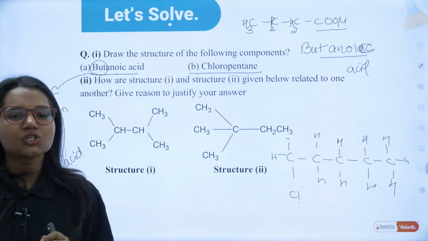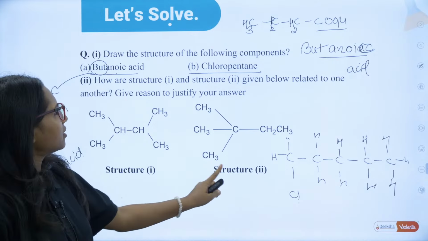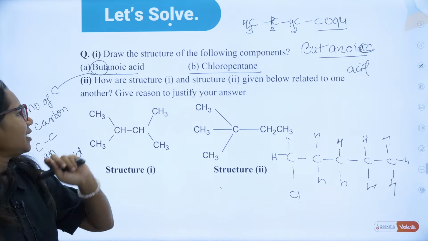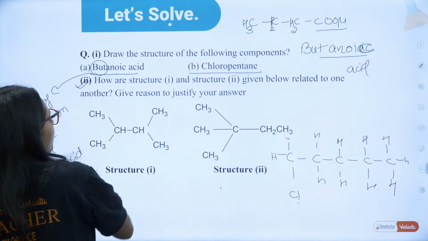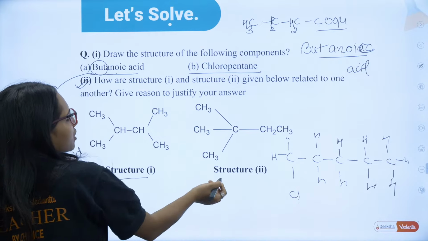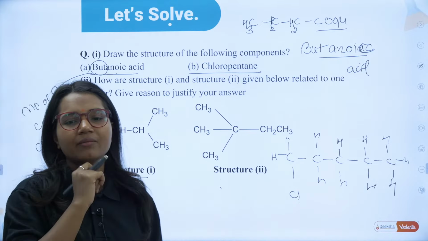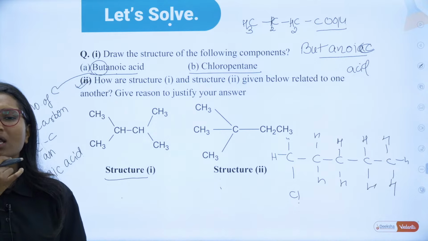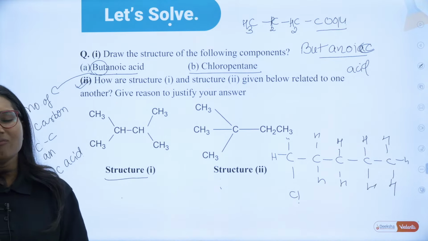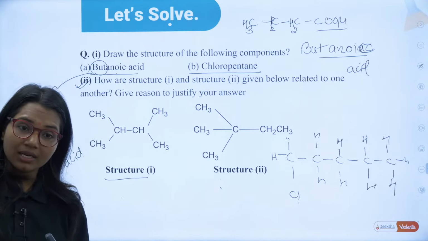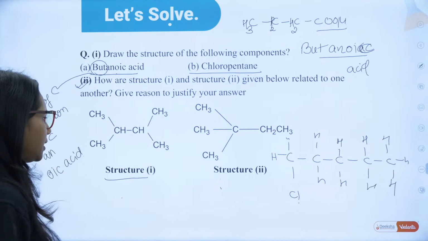How are the structure of this and this related to each other? Give reason and justify. Question number 2. Structure number 1 and structure number 2, how are they related? Can you tell me what is the molecular formula for structure number 1? Molecular formula means total how many carbons and how many hydrogens there are.